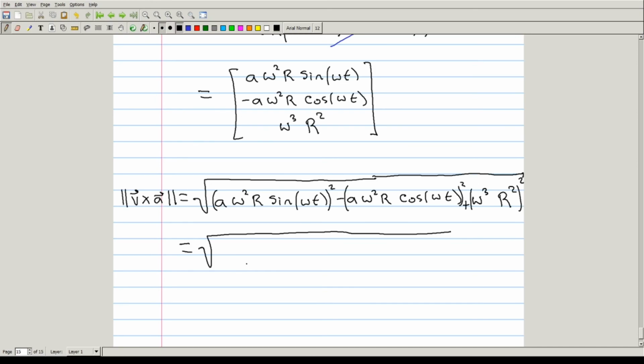Which simplifies to, well, we get sine squared plus cosine squared here.